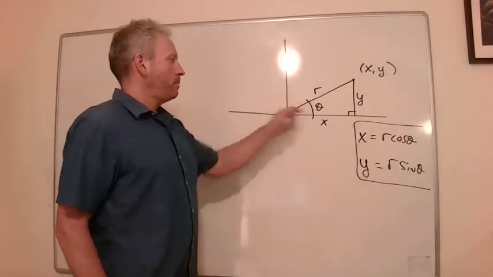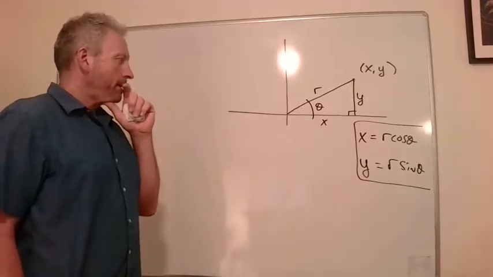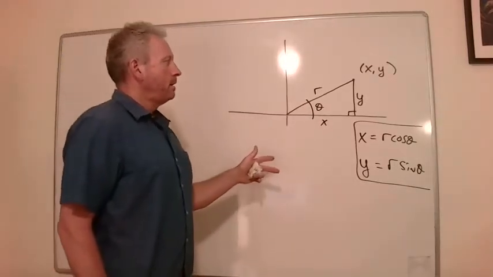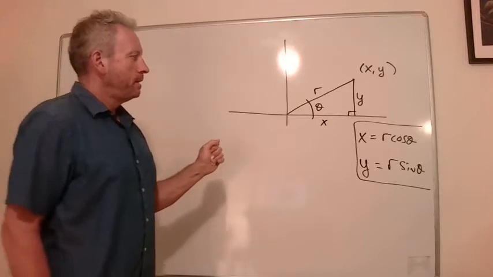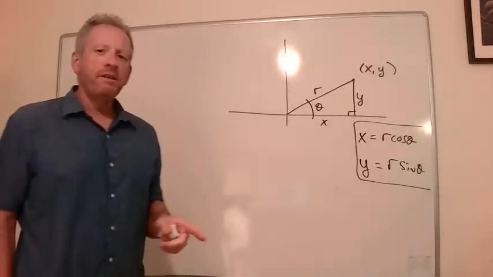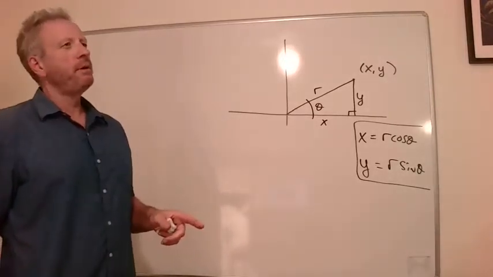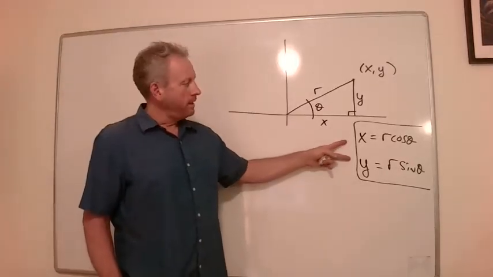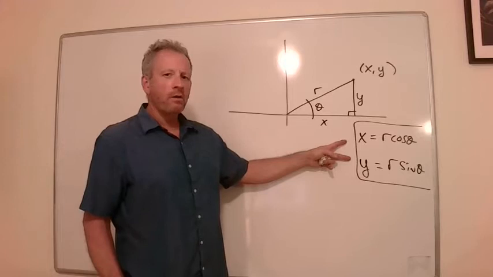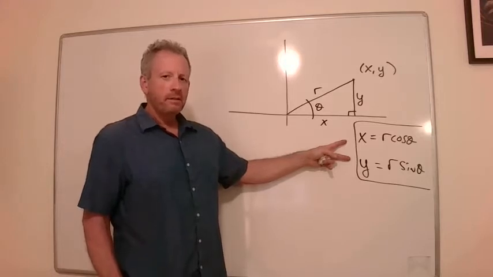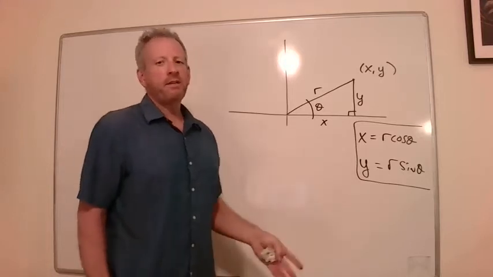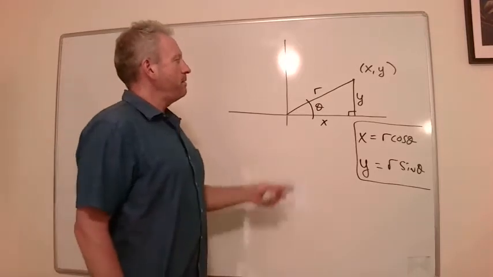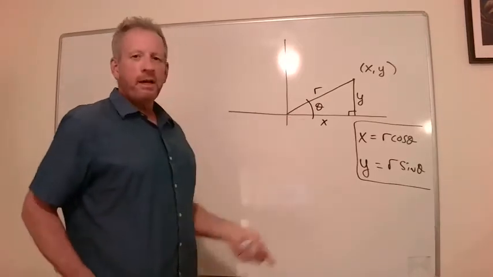Well, just take a look at this picture right here. I'm tempted to do this a different way. I don't know if I should do it that way or not. Look, you can look at this as two equations and two unknowns, and you can solve for r and theta. That might be an interesting exercise. At the same time, I guess I could just look at this picture here and apply the Pythagorean theorem.